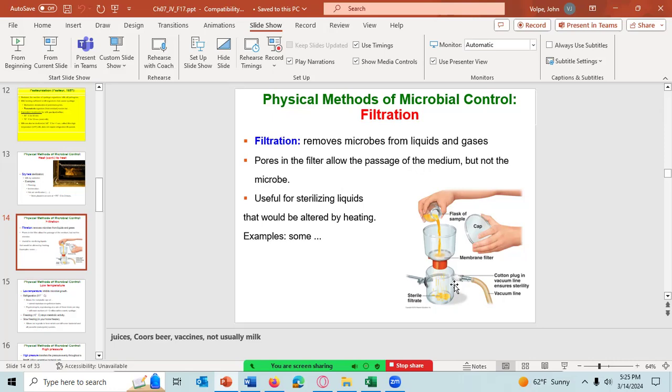It obviously cannot work on a solid, but it can work for gases and liquid. Useful for sterilizing liquids that would be altered by heating. Some examples, some juices are filtered, so they're sterilized by filtering. Coors beer is filtered.